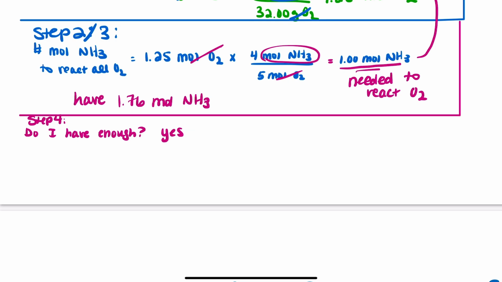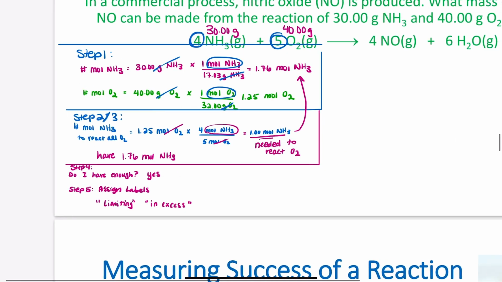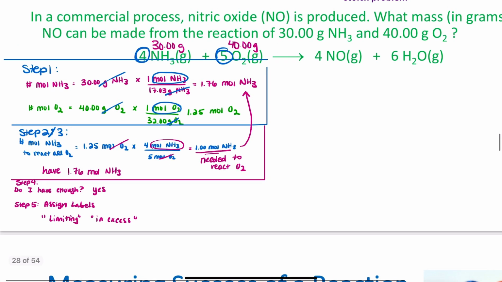So now that I know I have enough, I'm going to assign labels of limiting and in excess. The species that's going to run out is my limiting reactant.